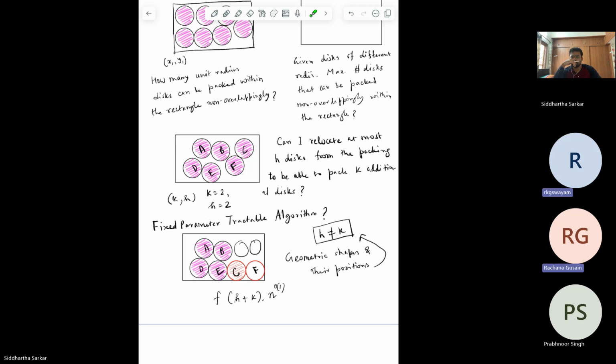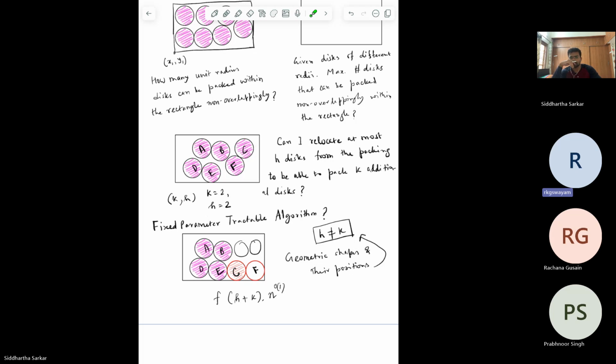First we find the area of the rectangle and then we subtract the sum of the areas of the disks. We check whether k disks can be accommodated in the remaining area.